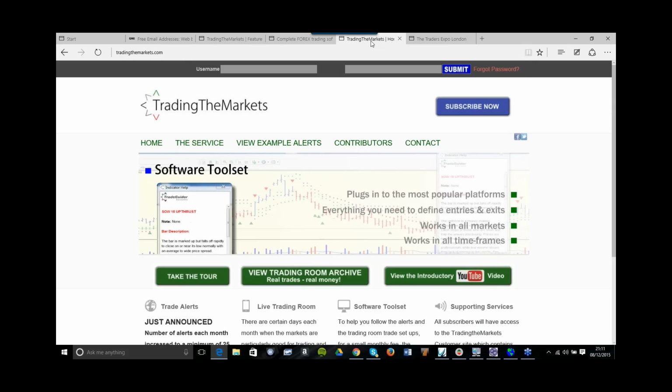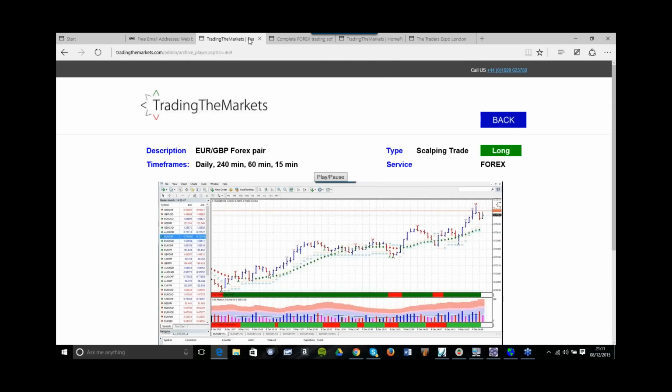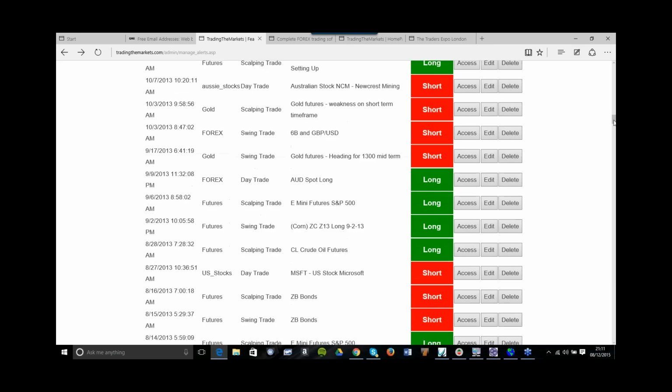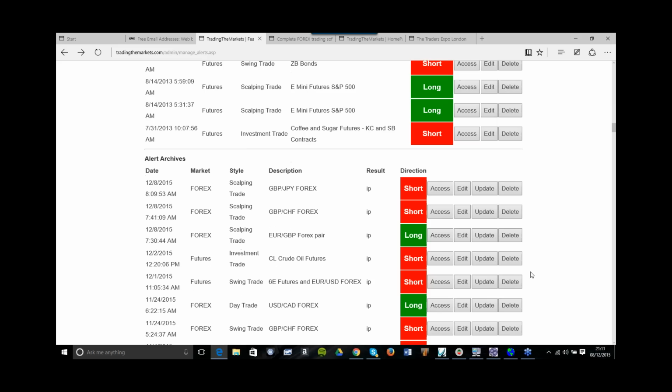So the purpose of the room, what we are hoping to develop, is a room full of traders who are spotting opportunities, almost a mini hedge fund, where we all share ideas, so everybody can see alerts coming in and look at particular markets and those setups.